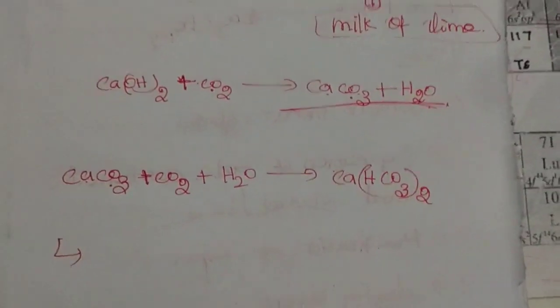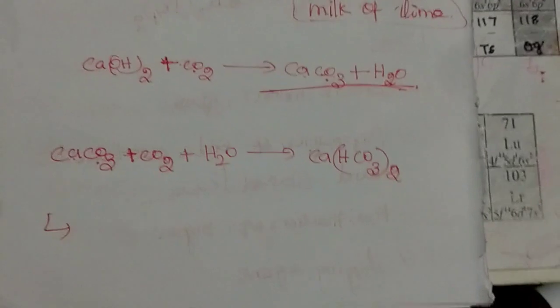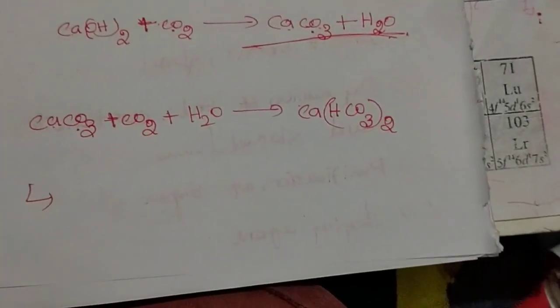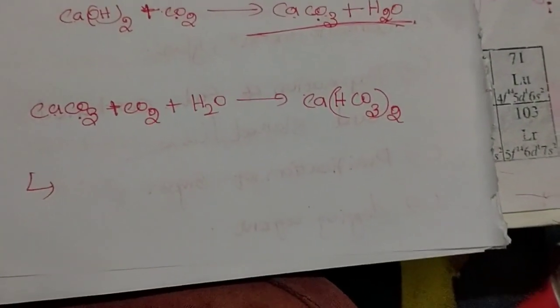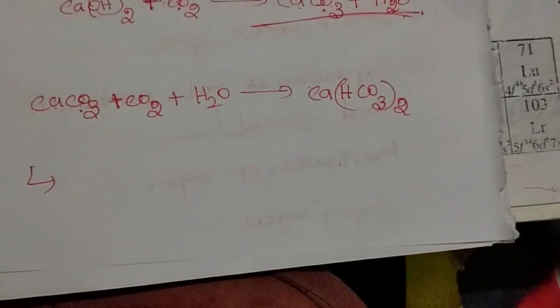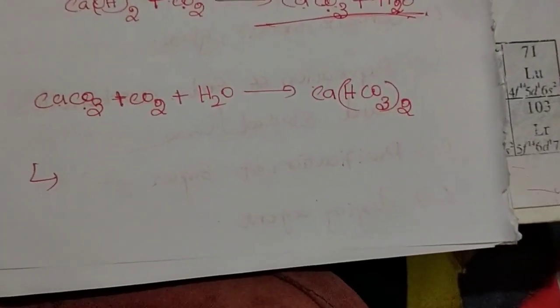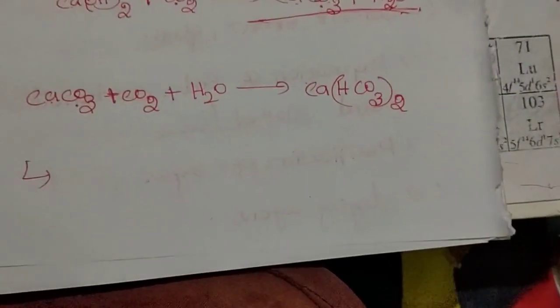Next property, milk of lime reacts with chlorine and forms hypochlorite. This hypochlorite is used as bleaching powder.